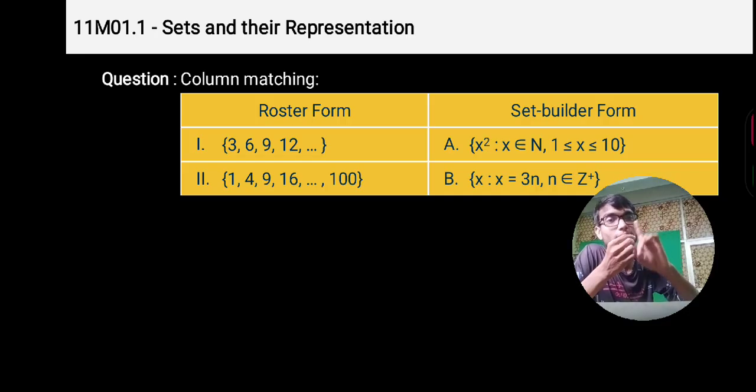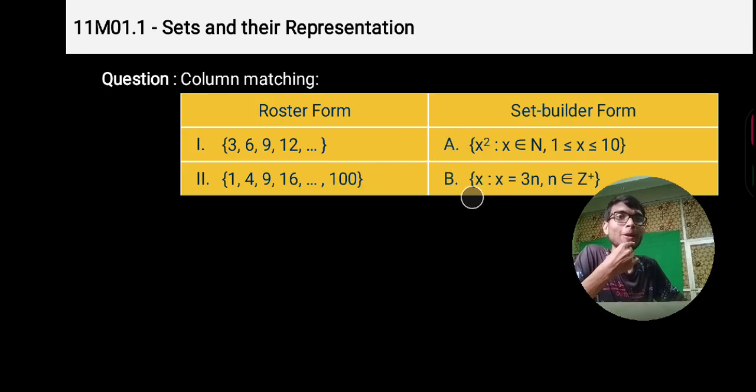Remember, we are taking perfect squares, x square. So 1 raised to power 2 would be 1, then 2 raised to power 2 would be 4, then 3 raised to power 2 would be 9. Suppose this is for this. This is the fourth thing.